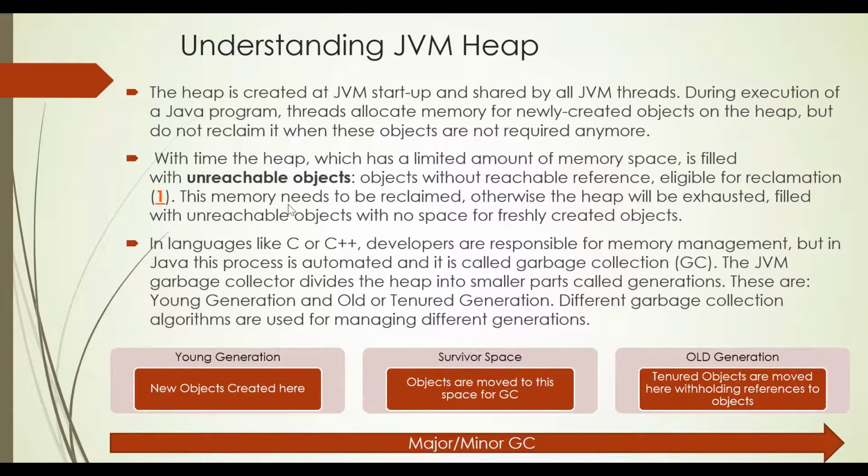Okay, no problem, I'll quickly revisit it. So, what is the heap? Heap is distributed into three main parts: your Eden space, your old generation, and the survivor space, with Eden and survivor being part of your young generation. The heap gets created as soon as your JVM starts. Unless you have specifically defined different options for the heap, it will use the defaults.